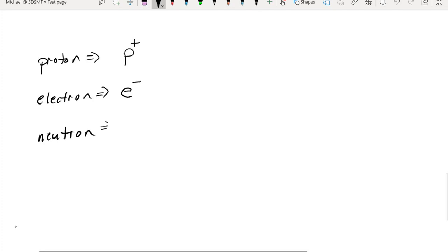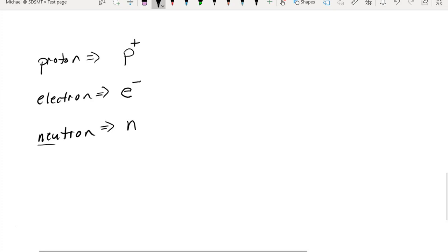The neutron will have a symbol of lowercase n, but the prefix of neutron, nu, stands for neutral. And what this means is that we do not have an electric charge on the neutron. And so I'm not going to put any kind of symbol in the upper right hand corner.